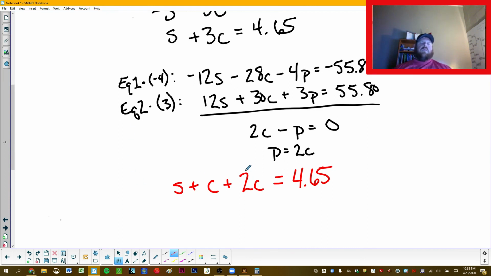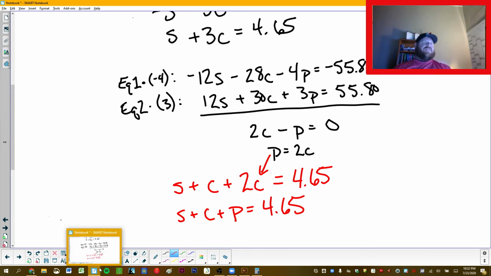But what is the same cost as 2 cups of coffee? 1 piece of pie. So there is a hidden way to solve a system of equations with 3 unknowns but 2 equations.